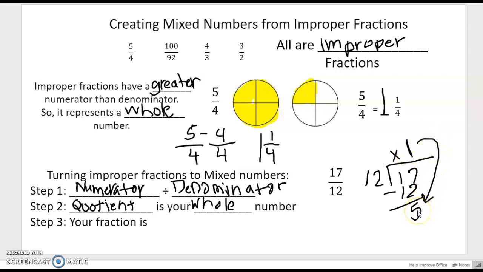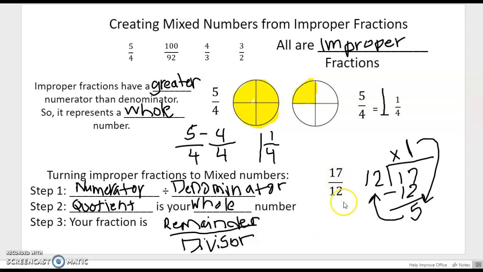My remainder is my numerator. My divisor is my denominator. So my fraction is remainder over my divisor. Oops, sorry, that looks a little sloppy.